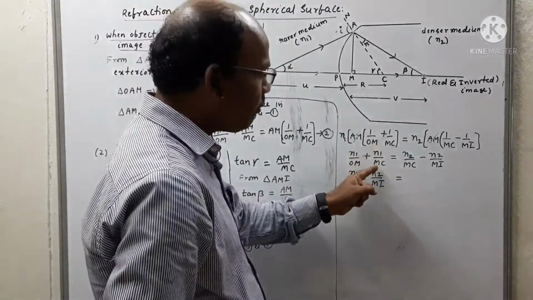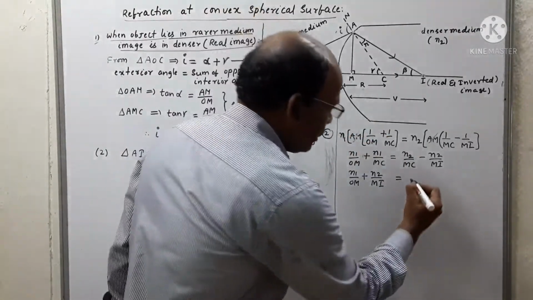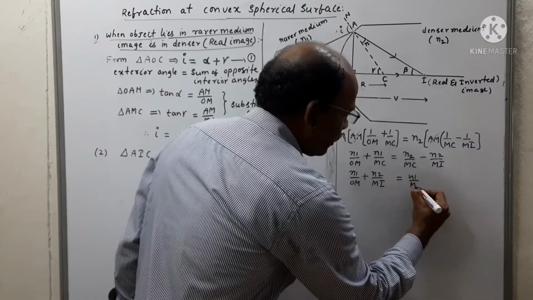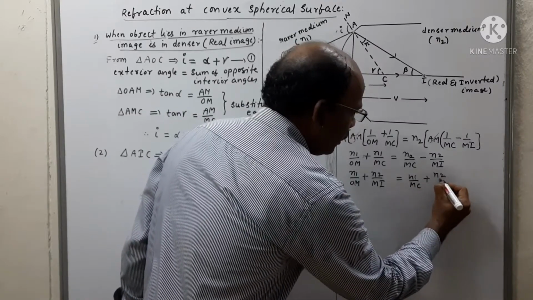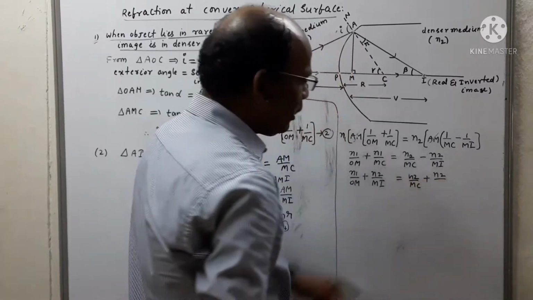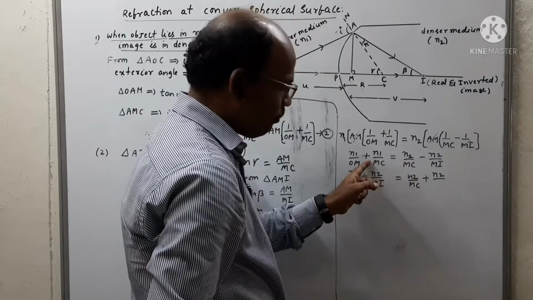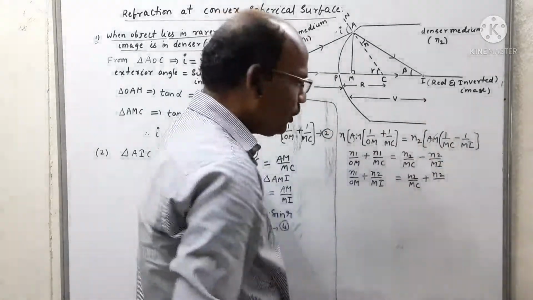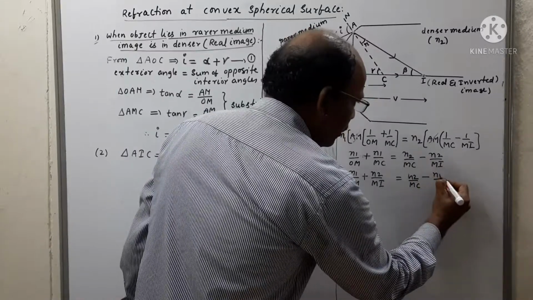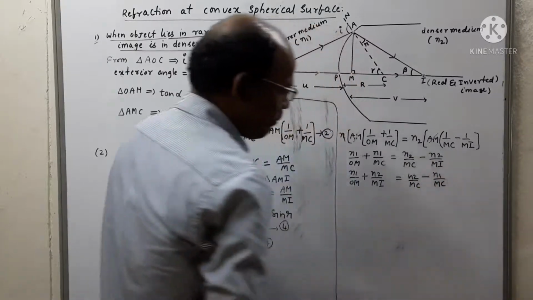So bring N2 by MI towards the left hand side. MC is common. So bring the N1 by MC towards the right hand side. So we can write N1 by MC plus N2 by MC. So positive N1 by MC moving towards the right side becomes minus N1 by MC.